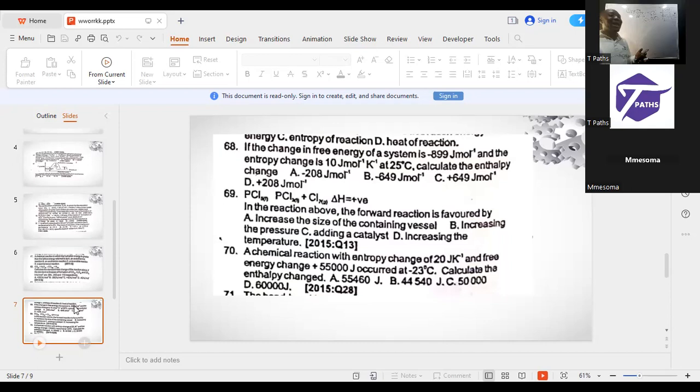A spontaneous reaction is a reaction that takes place without being forced. You don't force it. It just happens. That's what a spontaneous reaction is called. So we can have what they call positive entropy and negative entropy.